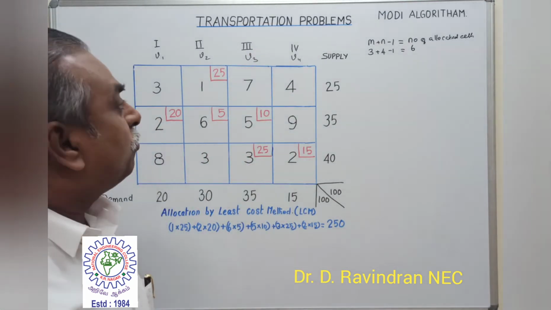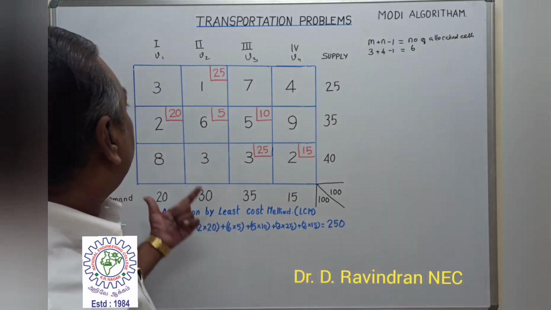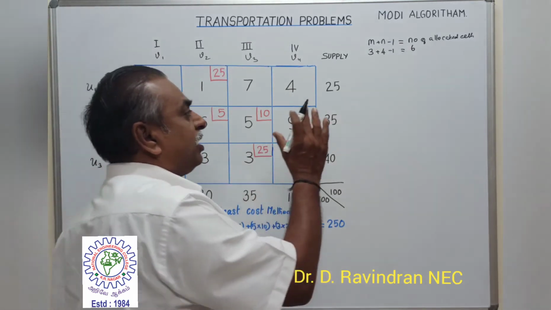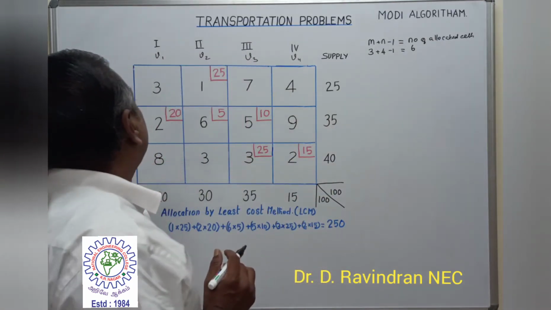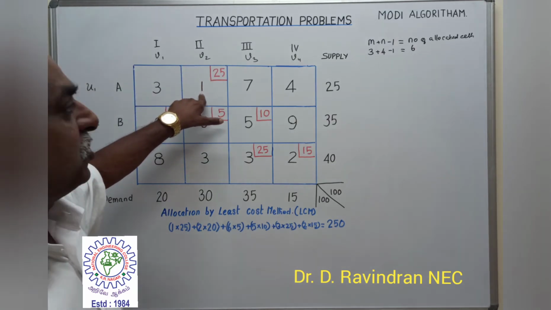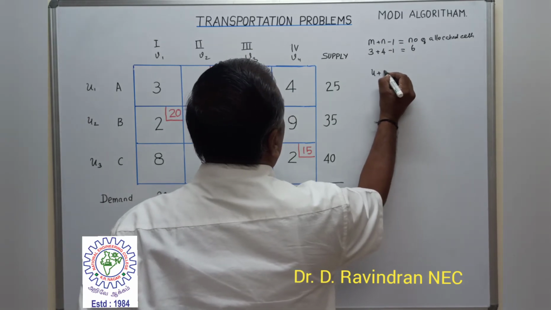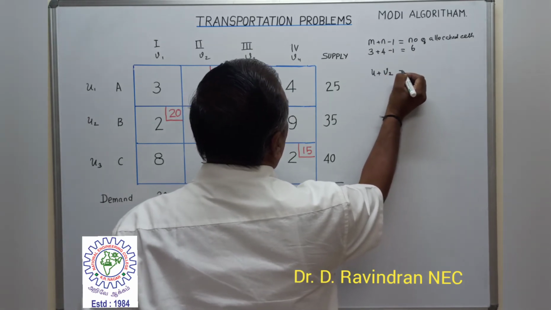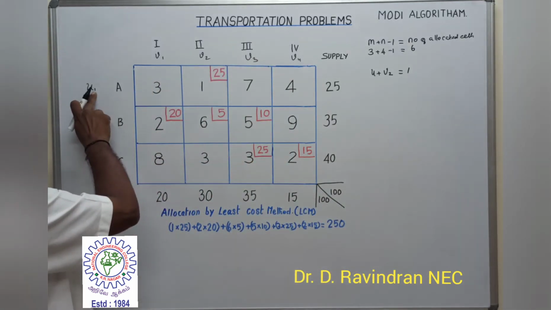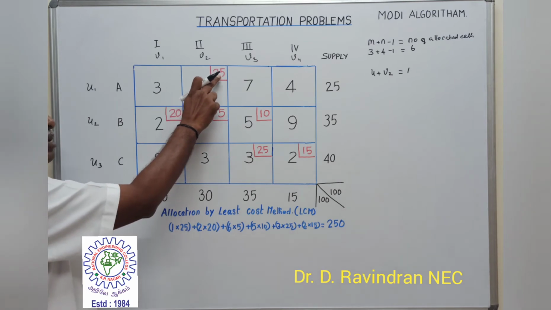We are going to find out these u and v values based on the basic cells. Now we are going to write 6 equations. That means u1 plus v2 is equal to the cost of this cell. That means u1 plus v2 will be equal to 1, based on the basic cells only.